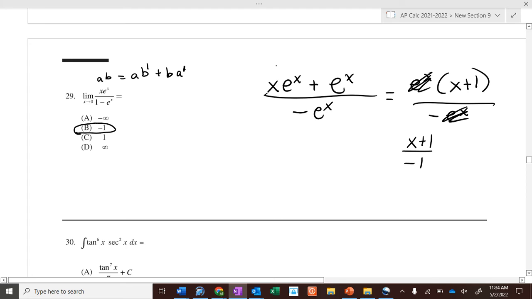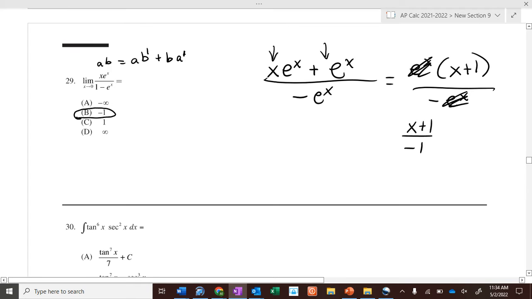If we factor out e to the x, there's an x left here and a 1 left here. I'm just confused on how you got negative 1. Because it's negative e to the x on the bottom. Oh, so it's just negative 1. And if we put in a 0, 0 plus 1 is 1 over negative 1, which is negative 1.